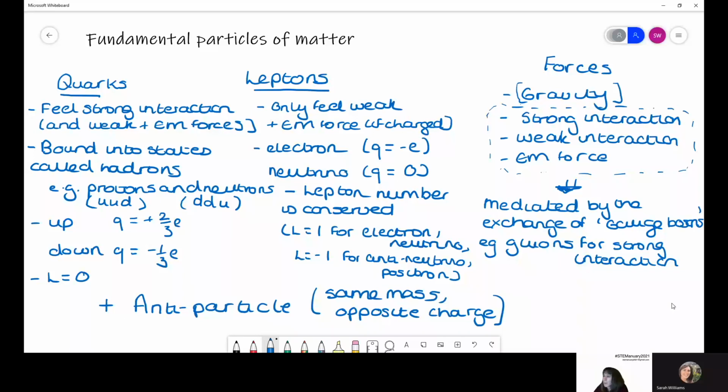So, for example, we can consider positrons as the anti-electron and also antineutrinos, but quarks also have antiparticles.